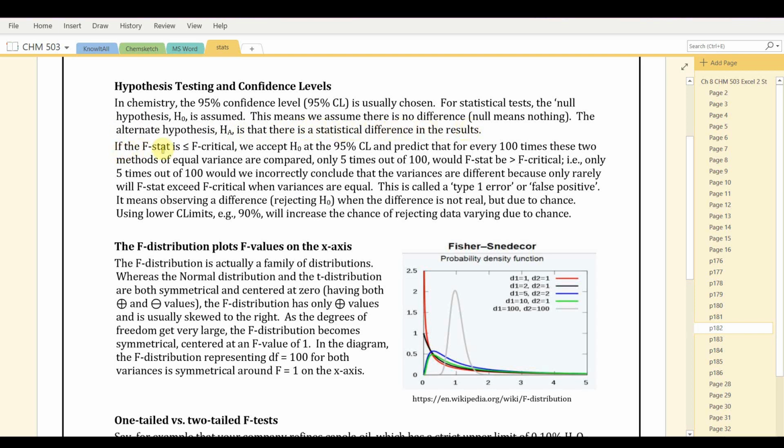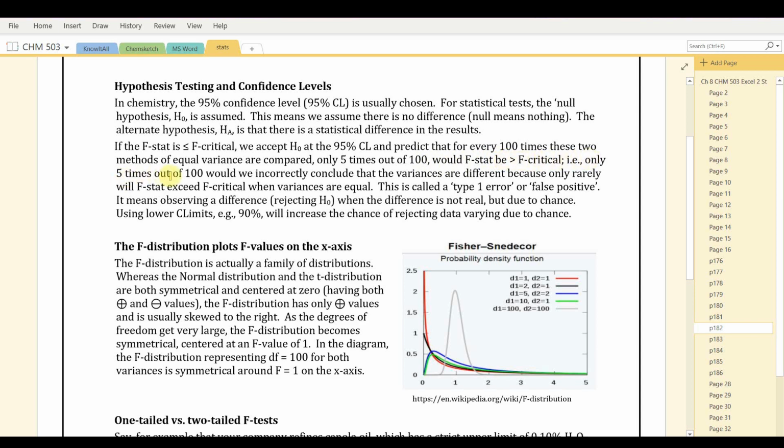If the F-stat is less than or equal to F-critical, we accept the null hypothesis at the 95% confidence level and predict that for every 100 times these two methods of equal variances are compared, only 5 times out of 100 would F-stat turn out to be greater than F-critical.